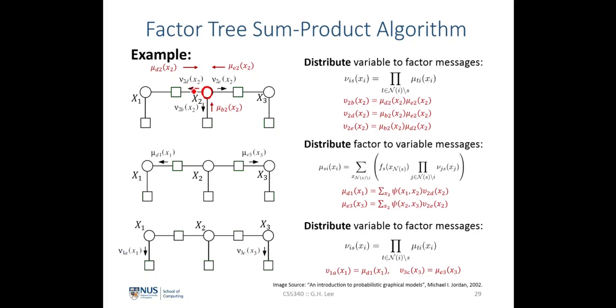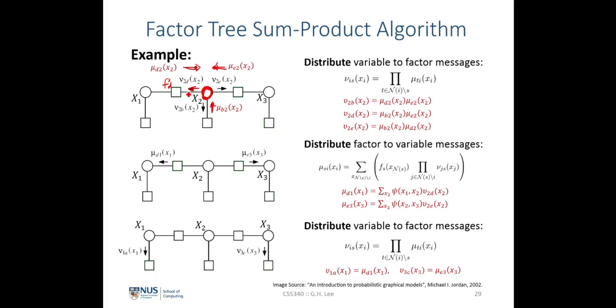One important thing to note here is that suppose we are looking at this message, which we pass from x2 towards the factor node fd. Since this is the root node, we can only start passing this message after we have collected all the messages from the factor nodes into the root node, following the message passing protocol.